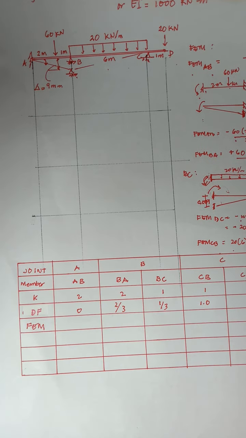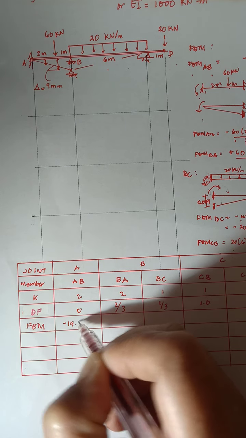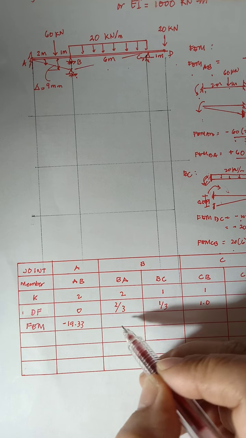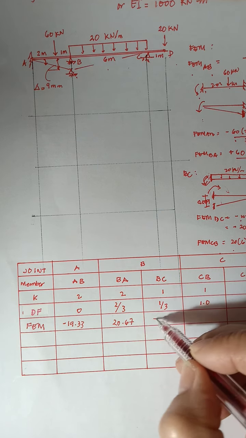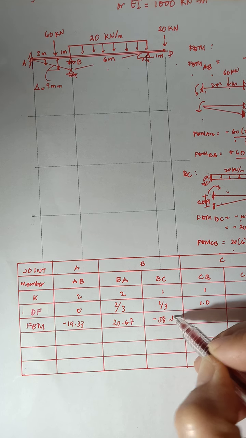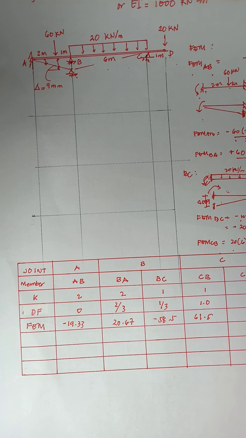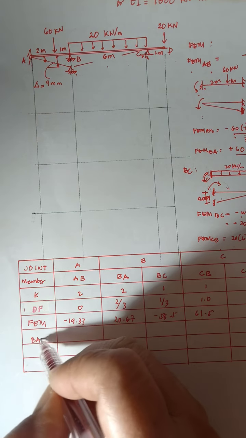Our FEM AB is minus 19.33, FEM BA is 20.67, BC is minus 58.5, and CB is 61.5. Okay, so we balance.